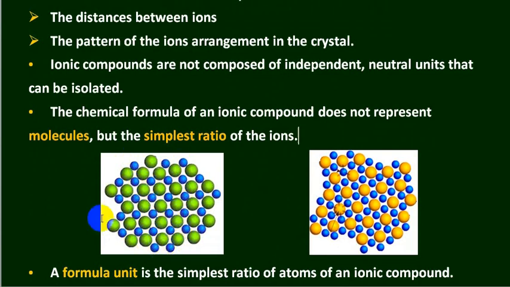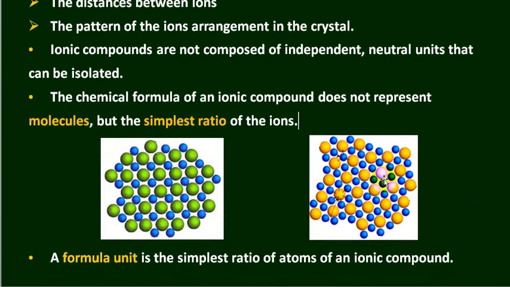So we count the number of atoms. Here the ratio is 1 to 1, because the number of green colored atoms and blue colored atoms are the same. In the second figure, the ratio between the orange colored atoms and the blue colored atoms is 1 to 2, or 2 to 1.